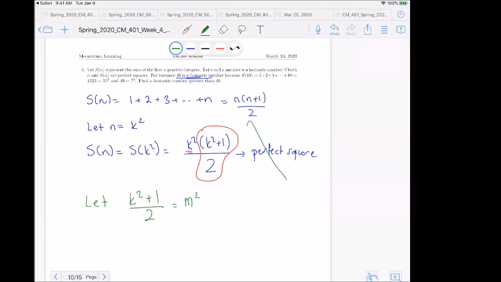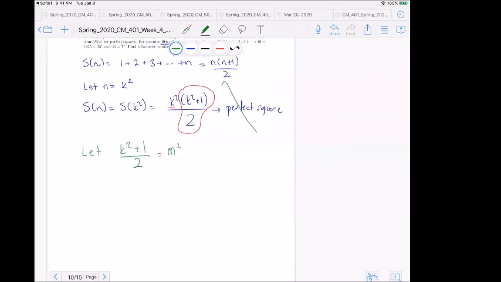Now this means k squared plus 1 is equal to 2m squared. So this means k squared minus 2m squared is equal to -1, or 2m squared minus k squared is equal to 1.